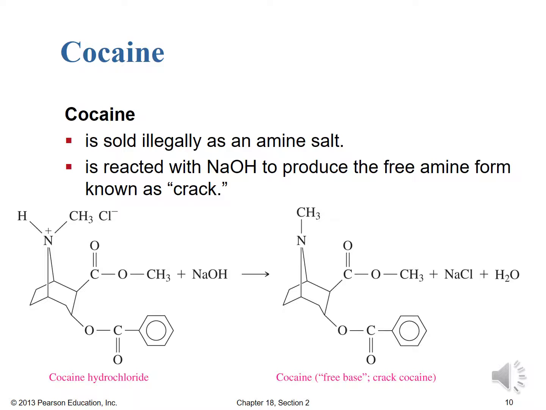If we go to the illegal end of drugs, cocaine's a common example that either exists as the amine salt or as the free base. So we have on the left cocaine hydrochloride. It's typically a much more pure form, so it's generally reserved for your celebrities, your businessmen and women, people with some money who choose to engage in illegal drug activity.